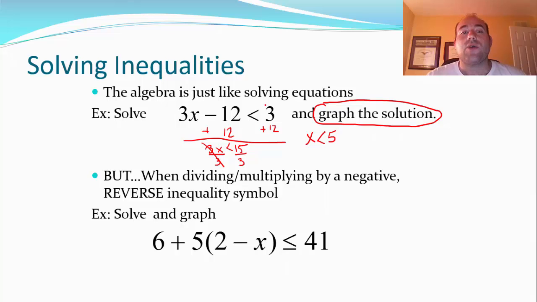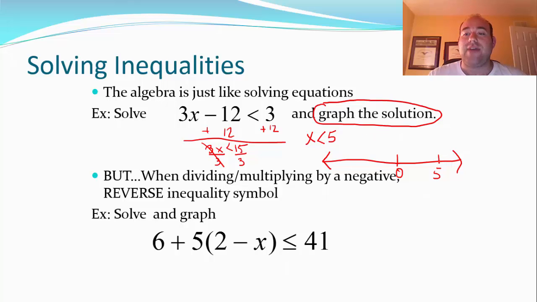When you're dealing with an inequality, now you're talking about multiple answers. So in this first problem, we're saying that every x that is strictly less than 5 makes the inequality 3x minus 12 less than 3. To visually represent that fact, we're now going to go to our number line, and we're actually going to draw a graph of this inequality x is less than 5.